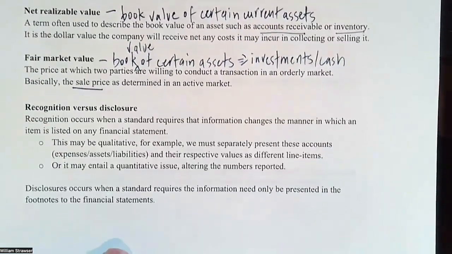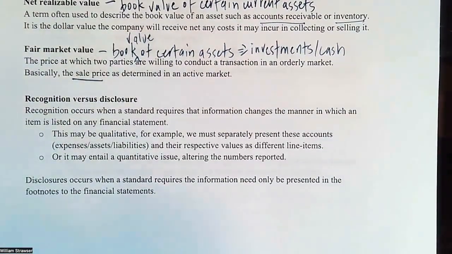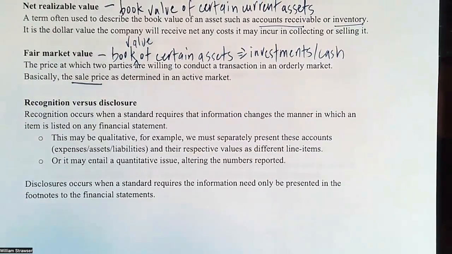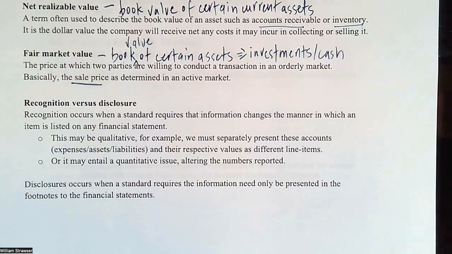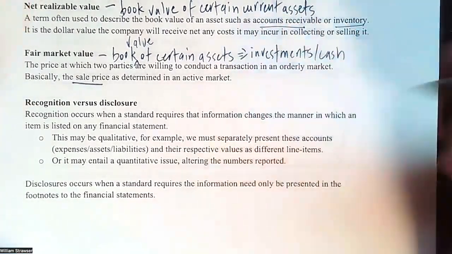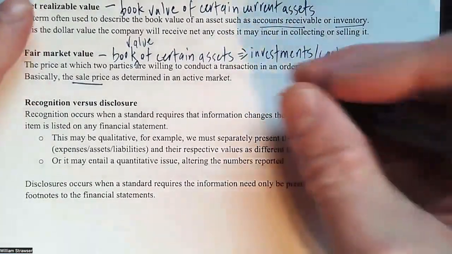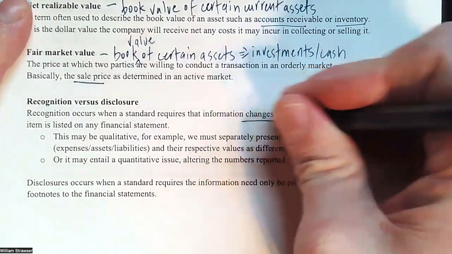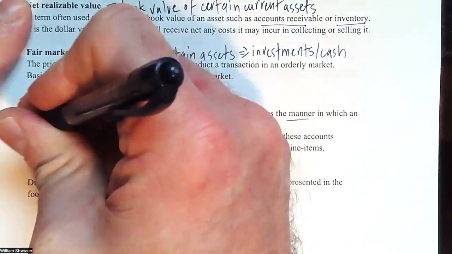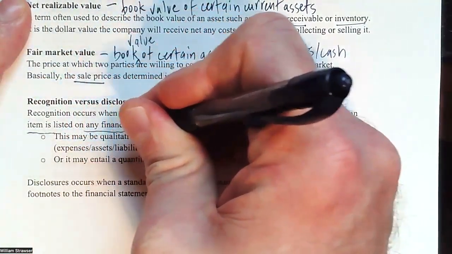Another term that I want to get you familiar with is recognition versus disclosure. Now, this is pure accounting terminology. Recognition happens when we change what we're listing on the balance sheet or the income statement or any of the financial statements. So it changes the manner in which the item is listed on any financial statement.